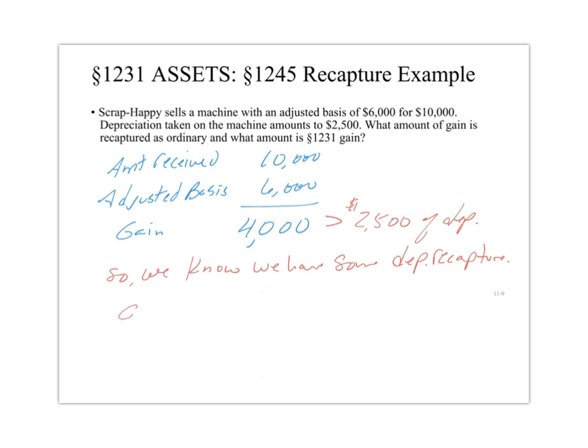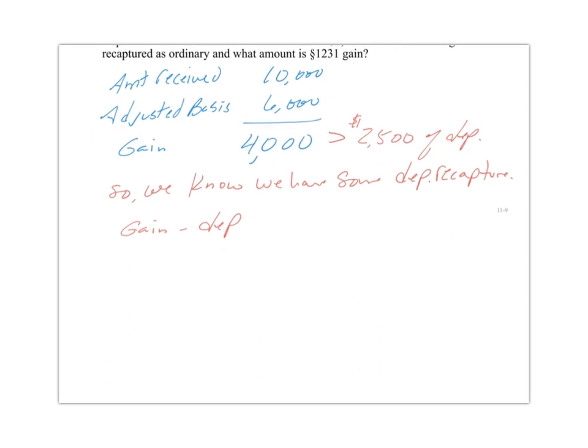Well, let's look at our gain minus depreciation. So our gain is $4,000 minus $2,500.